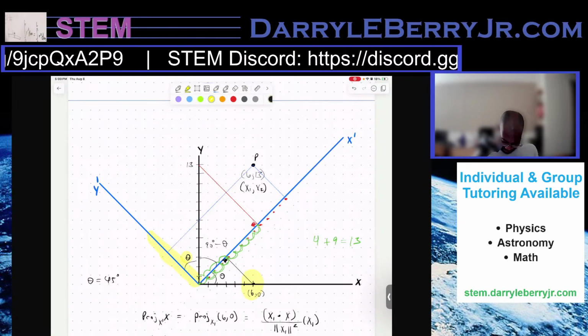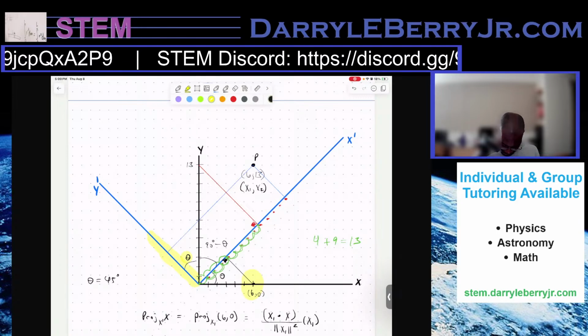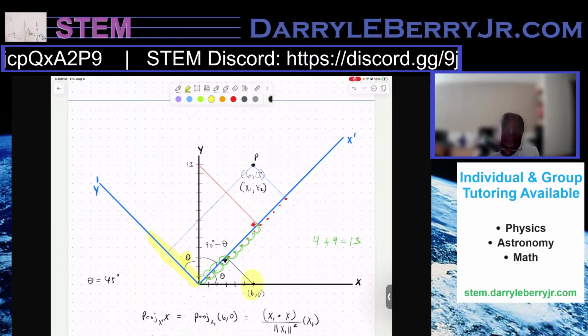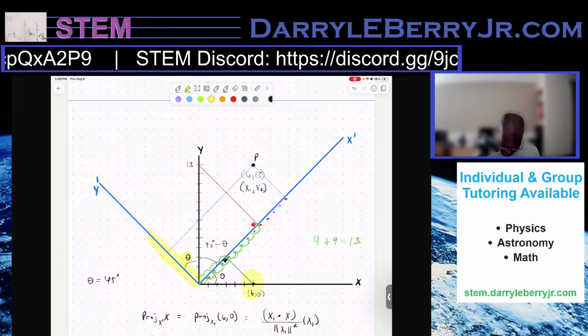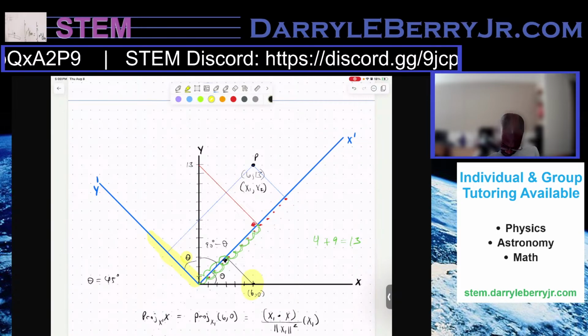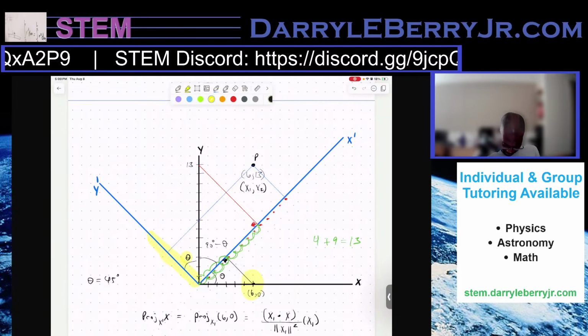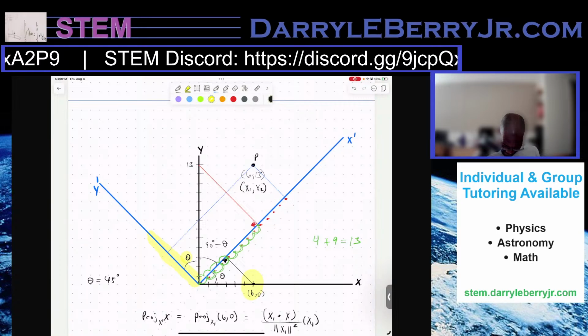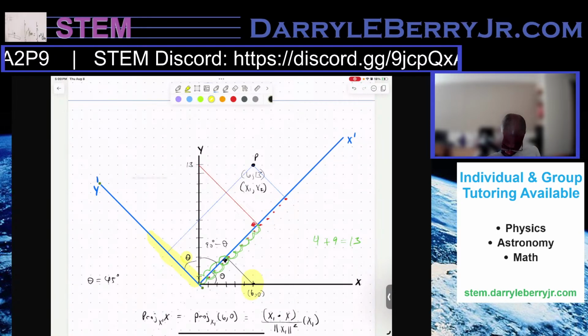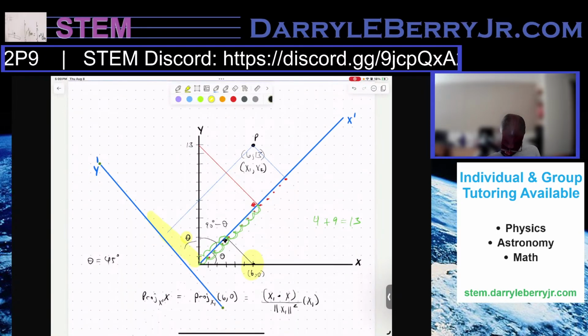It does project. Projection makes a right angle. Oh, well, I see. I would have to actually extend this back here.